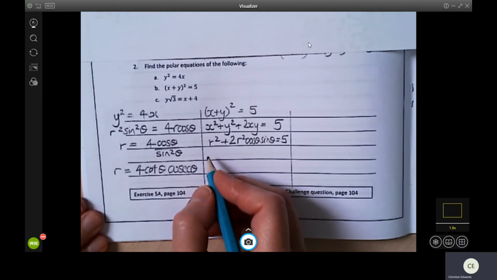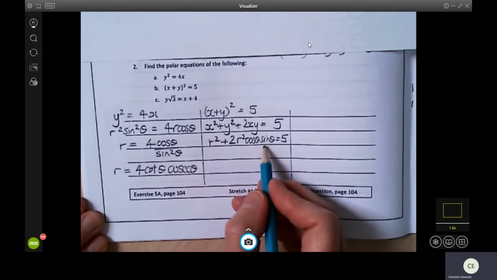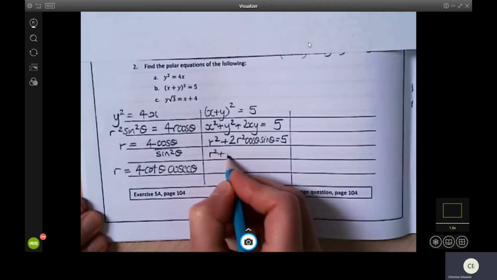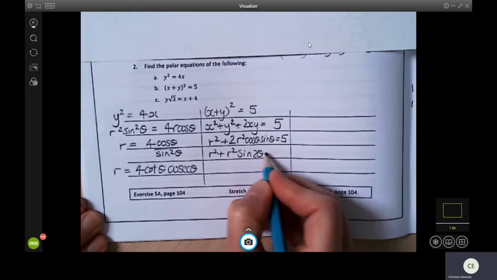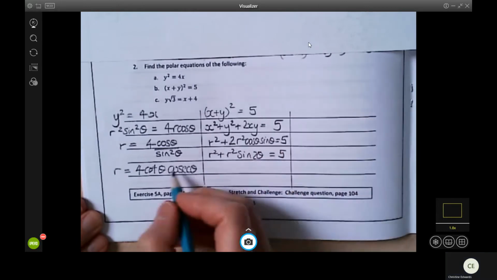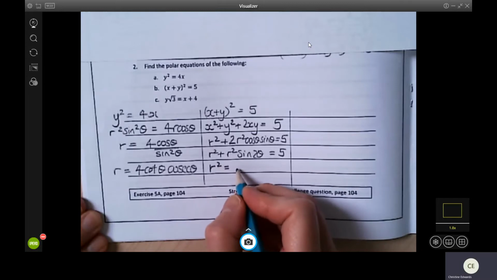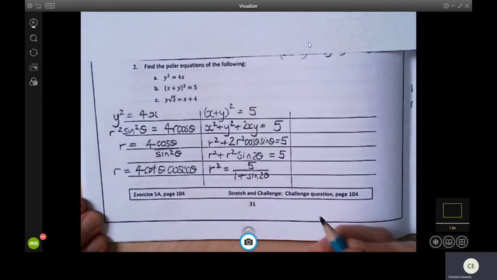Need to see if I can tidy that up. Is there an identity I can use? Yes, there is. This is my double angle. So I have r squared plus r squared sine of 2 theta equals 5. r squared equals 5 divided by 1 plus sine 2 theta, having factorised my left-hand side.